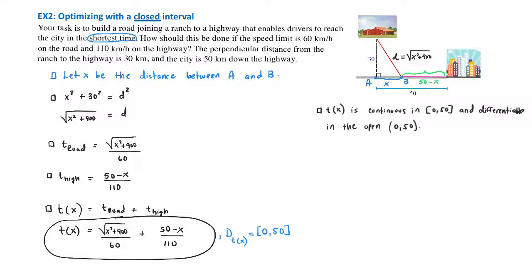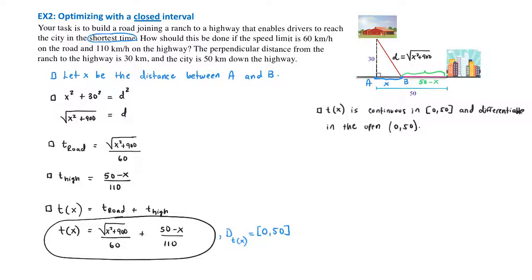That really means that there exists an absolute minimum and an absolute maximum in this closed interval. So then I can use the extreme value theorem to determine the location of the absolute minimum or the absolute maximum. I already know it exists. And according to the extreme value theorem, the absolute max or the absolute min is going to exist at the endpoints, so at 0 and 50, or at the critical points.